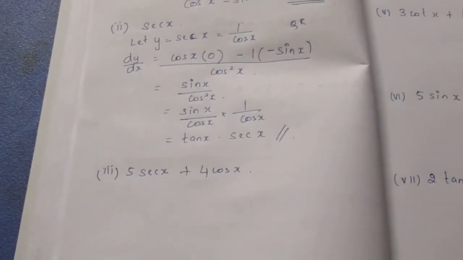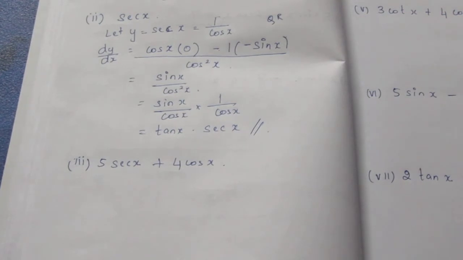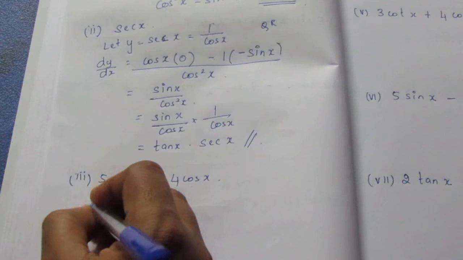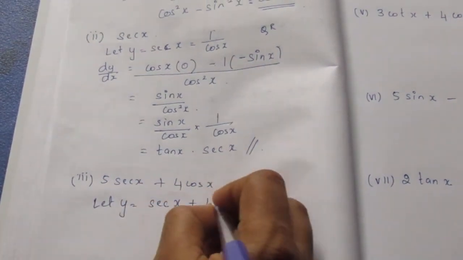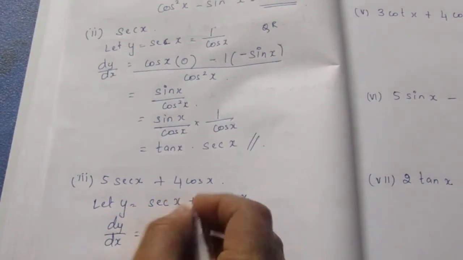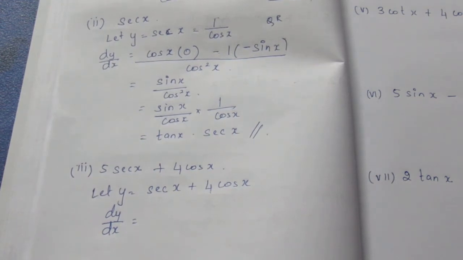The third one is given as 5 secant x plus 4 cos x. Already we have done the secant x value, so directly substitute it. Let y is equal to the given question, 5 secant x plus 4 cos x. Now dy by dx is equal to, for addition we can do it separately. For multiplication and division we need to follow the rule.